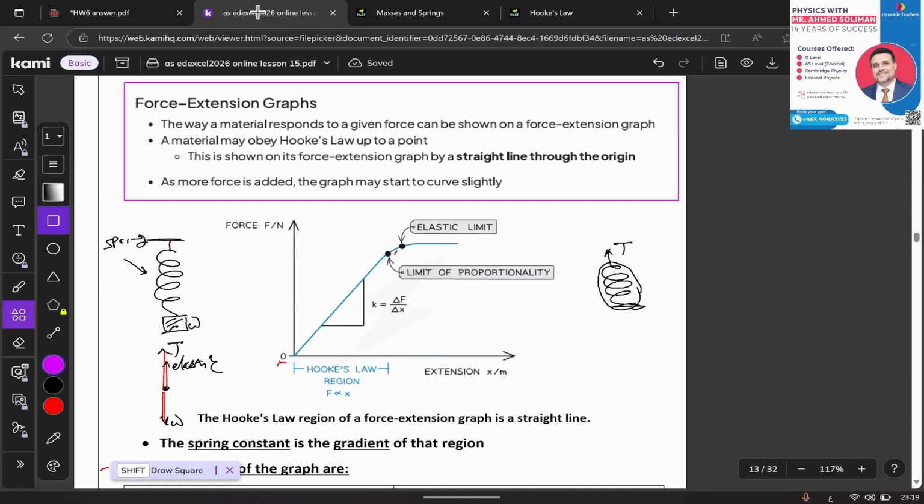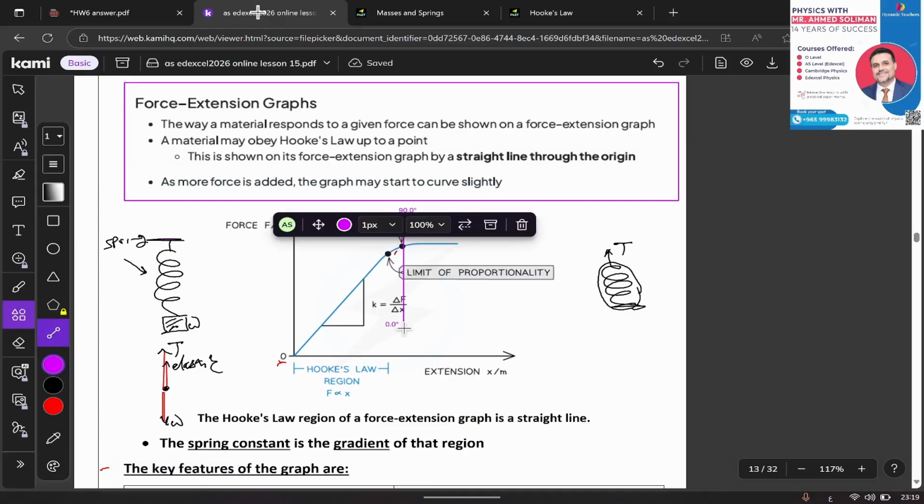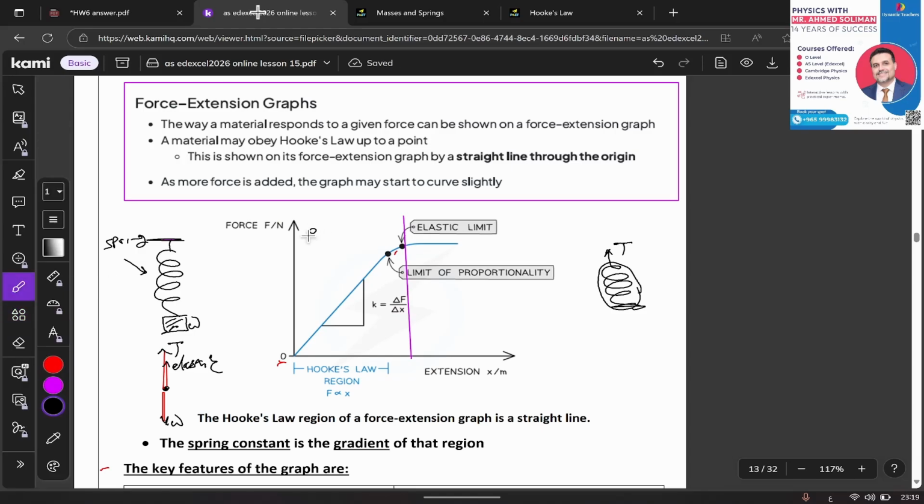What after the limit of proportionality? Be careful, because until this part, the spring or the object is elastic. What's the meaning of elastic? Elastic region means it will return to its original length. It will return to its original shape. Okay? What after the elastic limit?